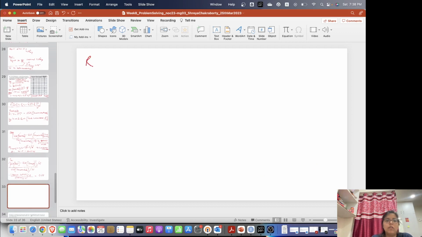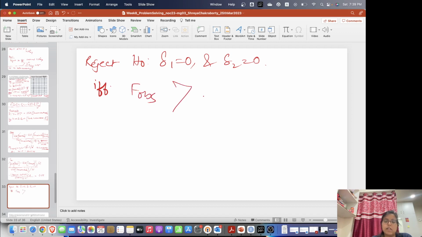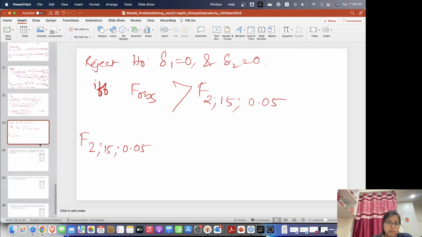Now we would reject H naught, that is delta 1 equal to 0 and delta 2 equal to 0, if and only if the F observed is greater than F with numerator degrees of freedom 2, denominator degrees of freedom 15, at the 0.05 critical point. Now F 2, 15, 0.05 we are going to find out from the table.